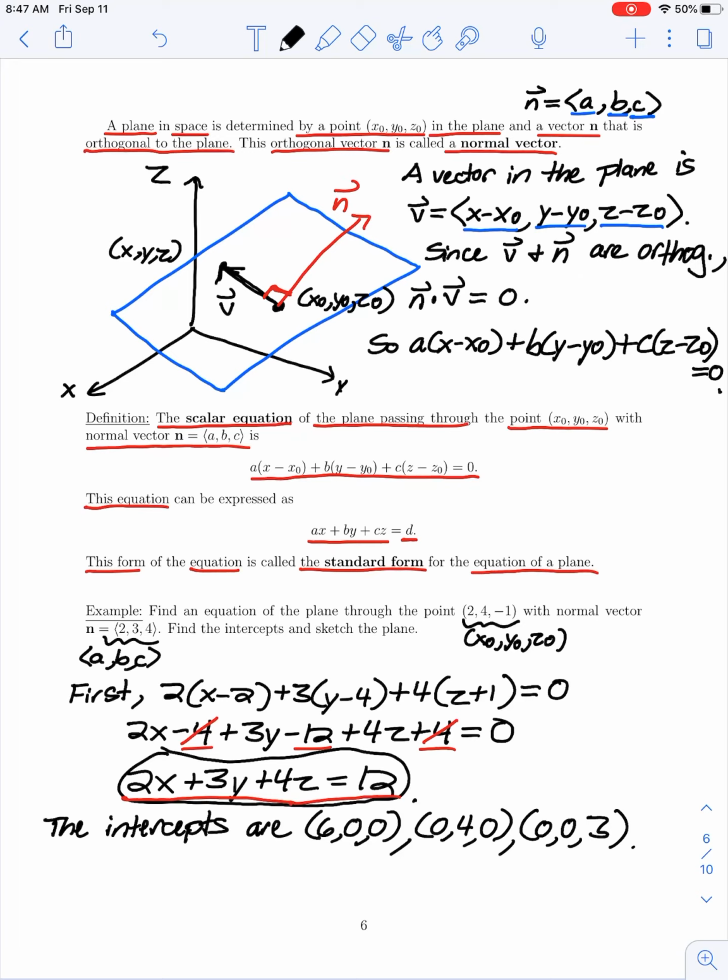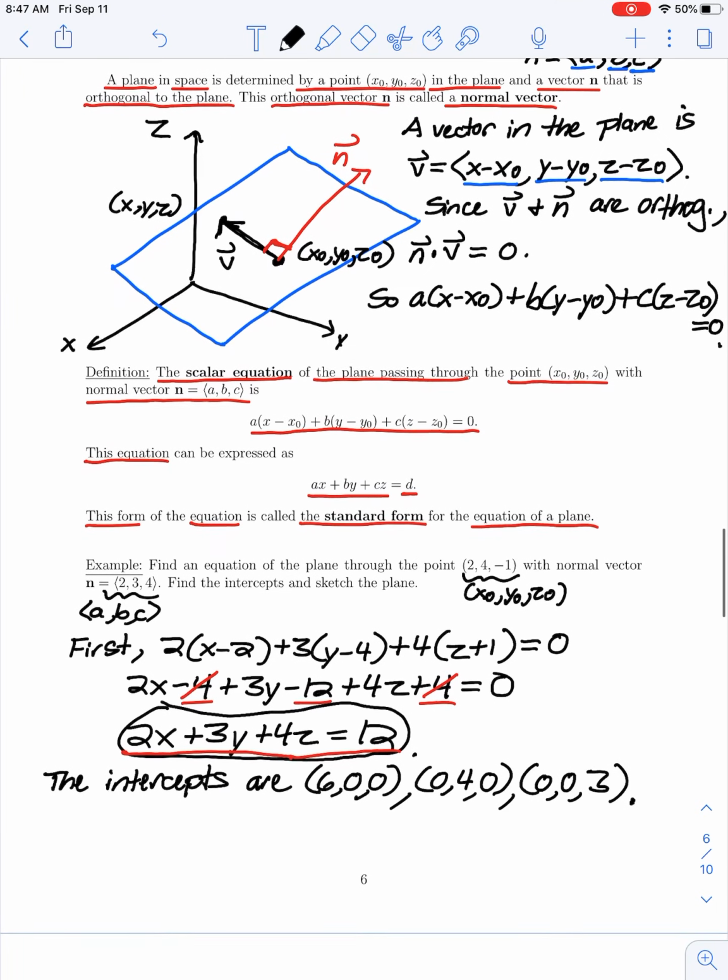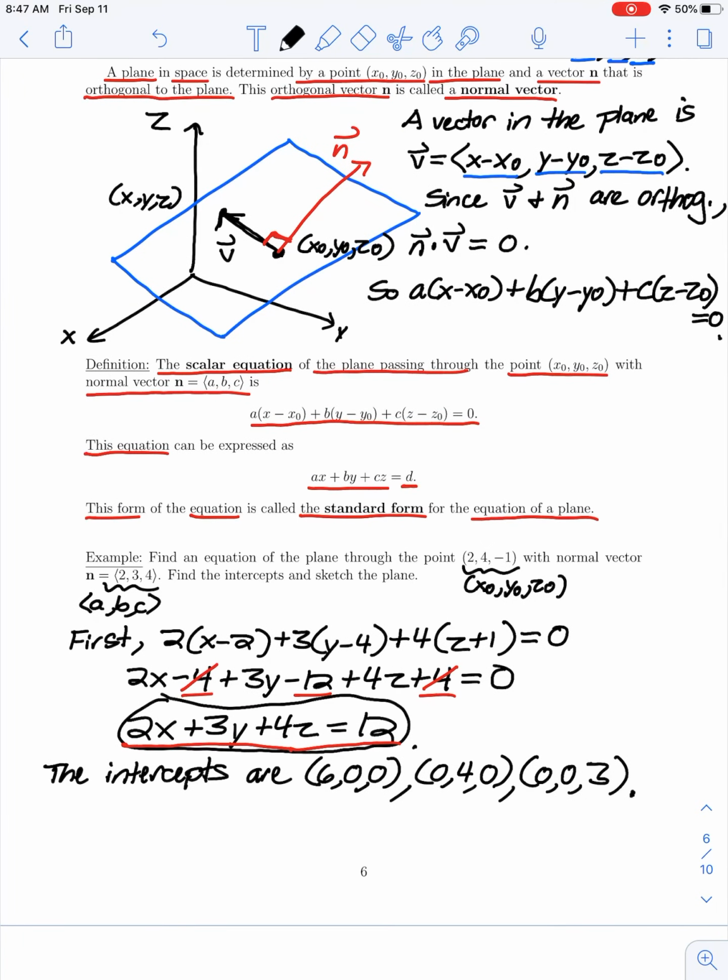So let's see how we can use these intercepts to sketch our plane, to get some sort of visualization for what this looks like. Here in the first octant of space, we have our x-axis, y-axis, and z-axis.